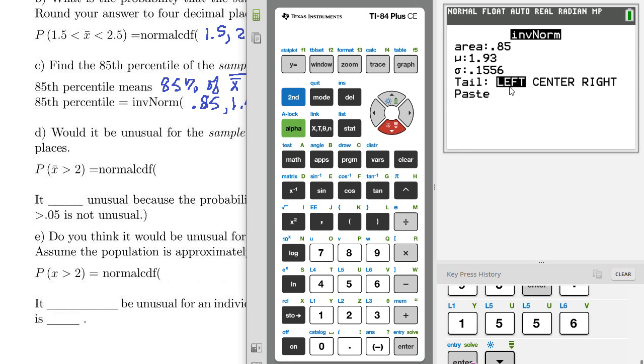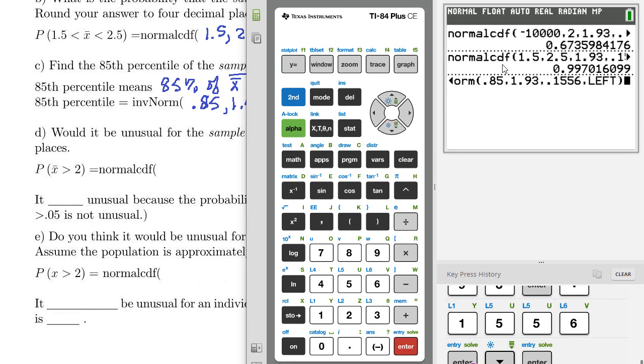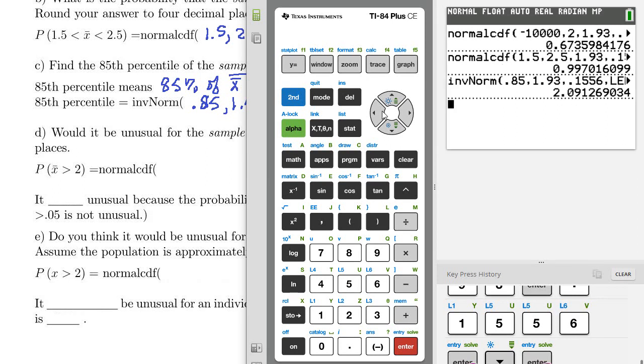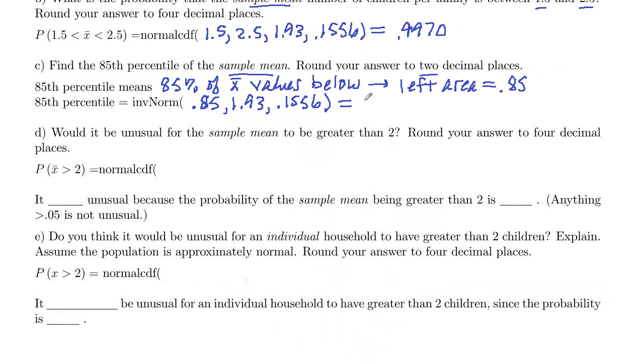And if you don't have this menu, then it's automatically left area. And that gives us 2.09. So 85% of the sample means are going to be below 2.09 children.